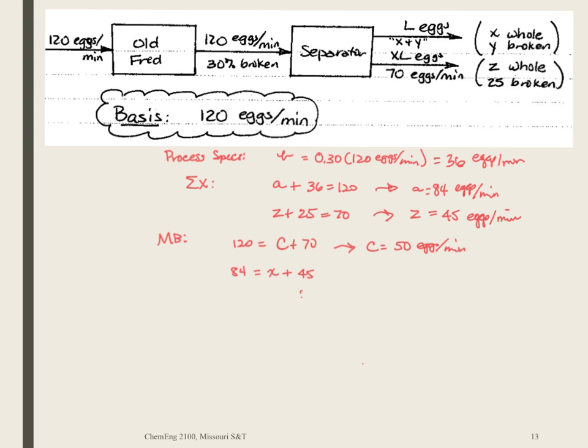So let's go through and see, how do I answer the question? Is old Fred right or left-handed? Okay, well, let's think about what fraction of the eggs are broken. In the large stream, the fraction broken is little x. I guess I didn't ever say what x was.